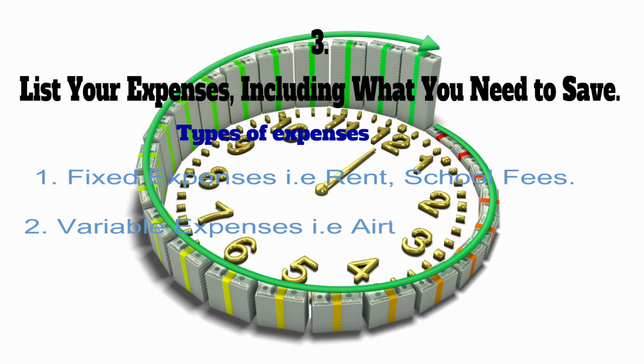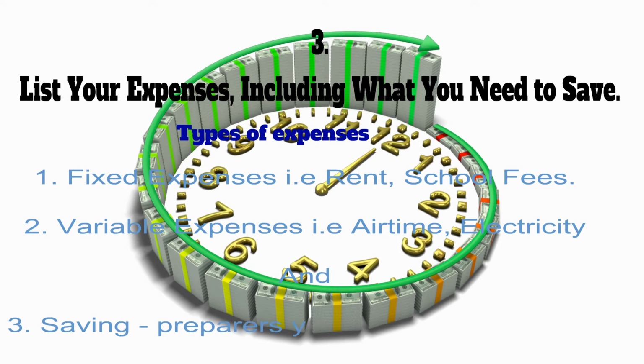So savings also falls under expenses. Now, saving is essential and should always be listed on your budget as an expense. The reason why you have to list it as an expense is that if you wait to see what is left at the end of the month, you will not save anything.